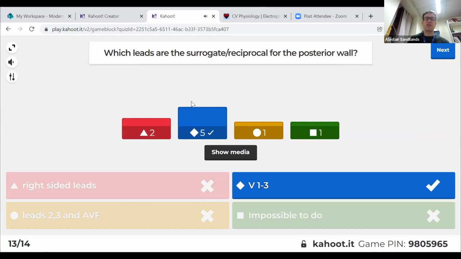Yep, so V1 to V3 are the surrogate leads for the posterior wall. Very good.